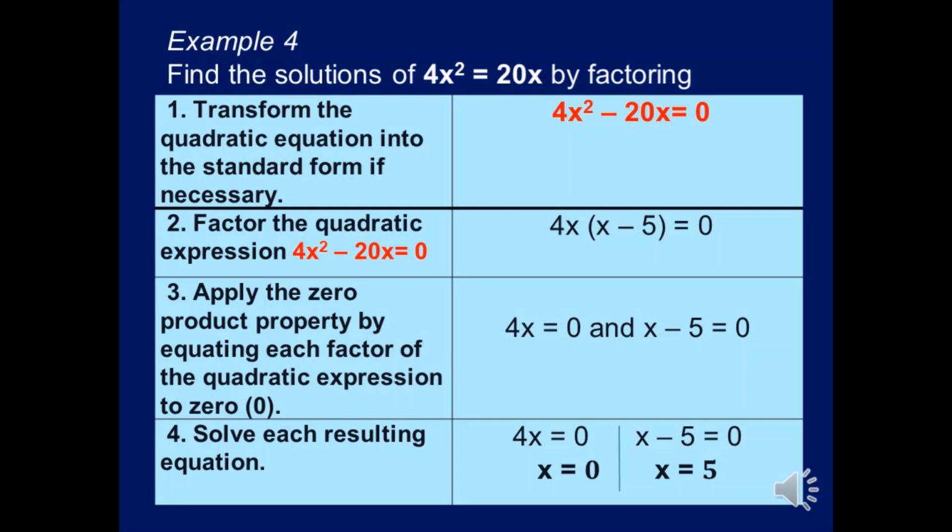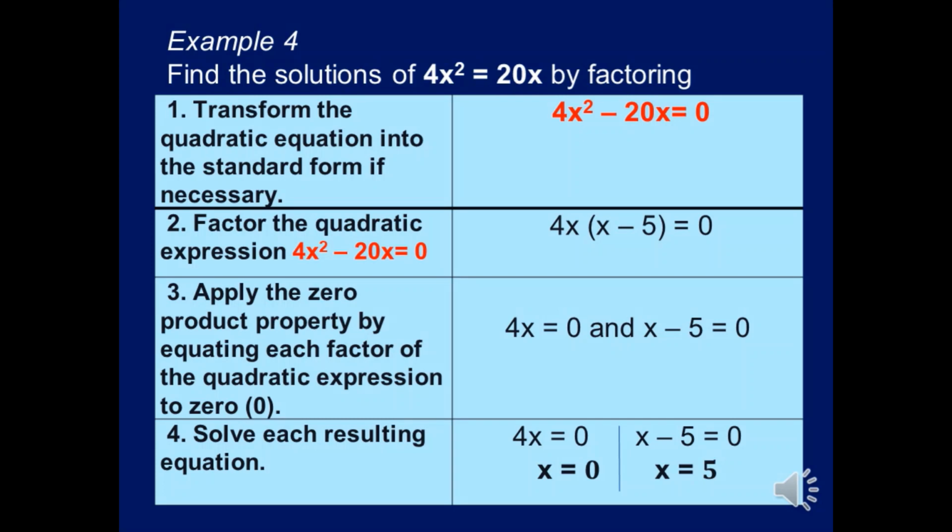But in this case, since it's 0 divided by 4, the answer is 0. Okay, so for x minus 5 equals 0, we transpose negative 5 to the other side, then we have x equals 5. Therefore, the solutions to the equation are 0 and 5.